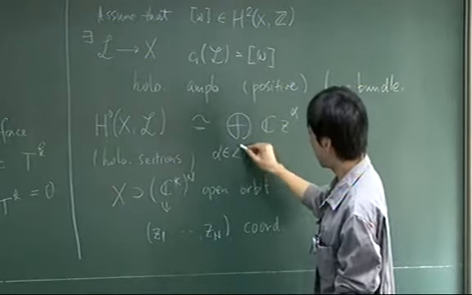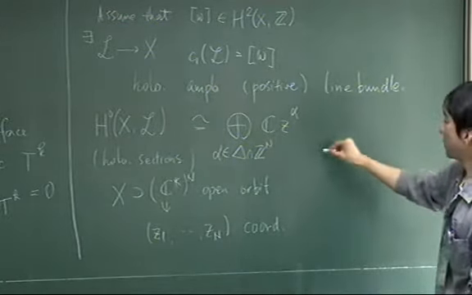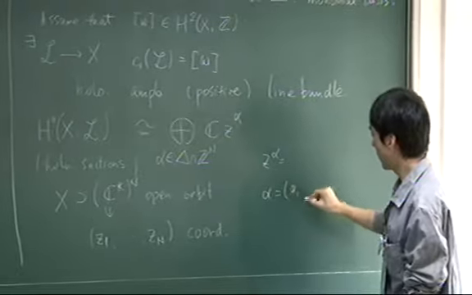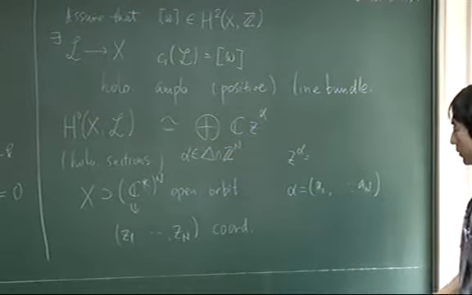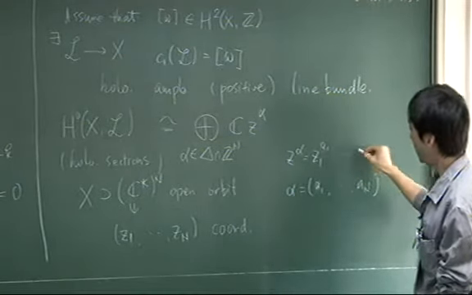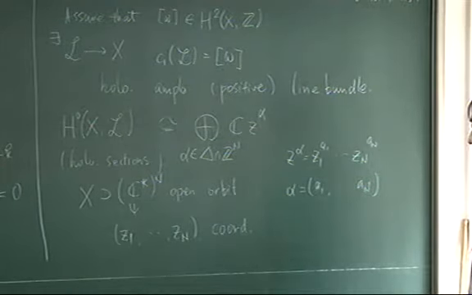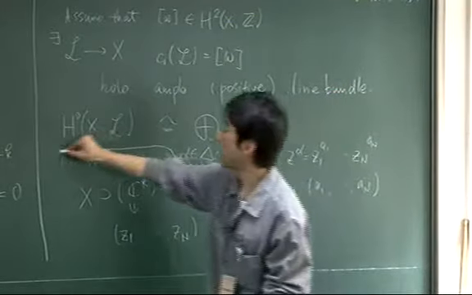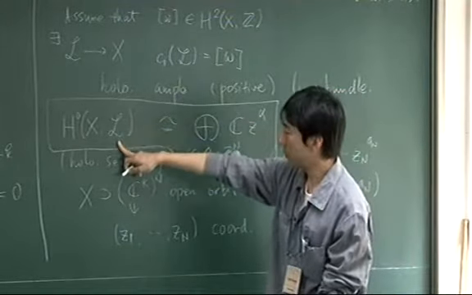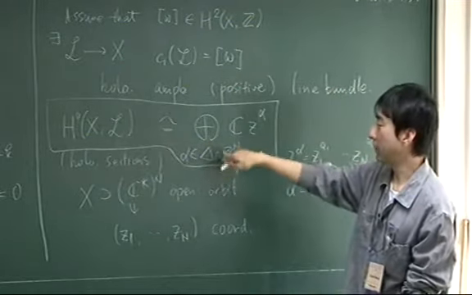Alpha is an integral point of the polytope. If alpha is (a1, ..., an), then Z^alpha is defined to be Z1 to the a1 times ... times Zn to the an. So this is another relation. In other words, the space of holomorphic sections has dimension equal to the number of integral points in this polytope.